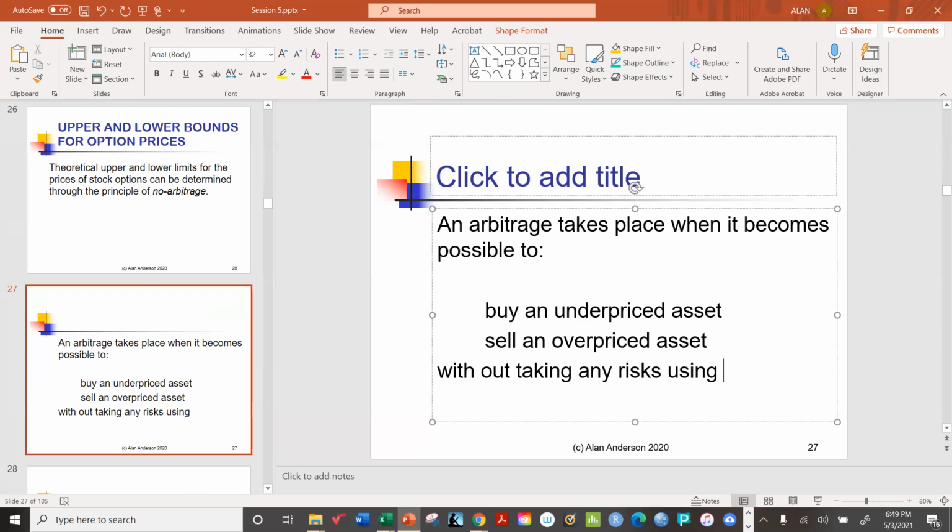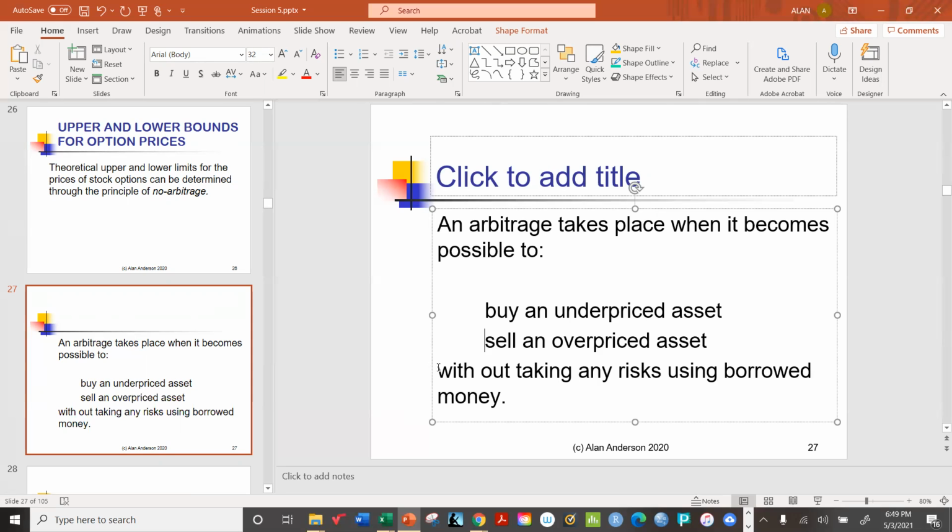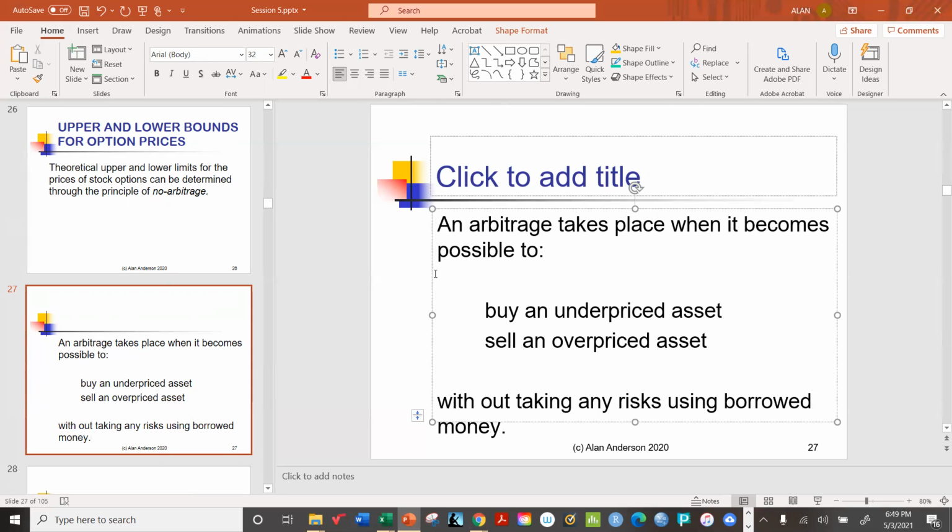And even more importantly, using borrowed money. Okay, that's a key detail. You're not only not risking your own, you're not taking any risk at all, and you're not even using your own money. Okay, that's what an arbitrage is.